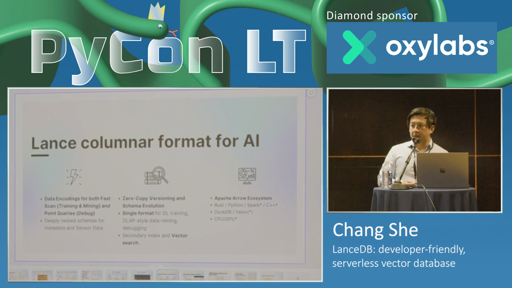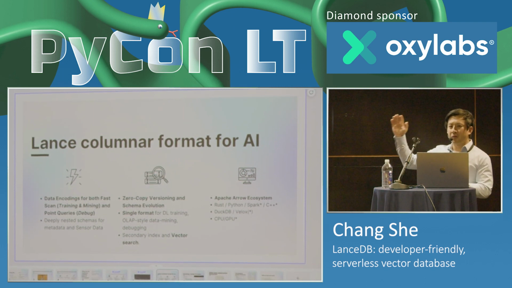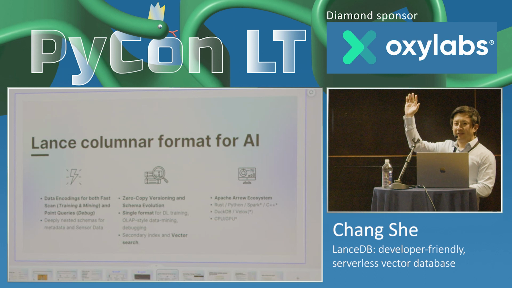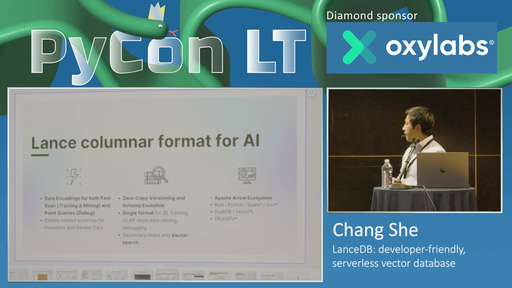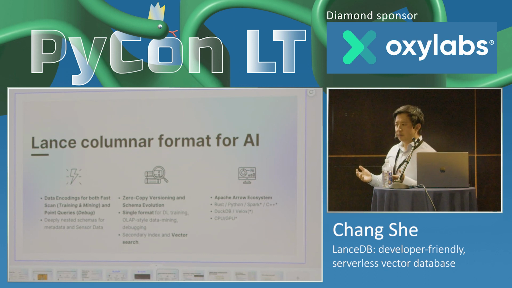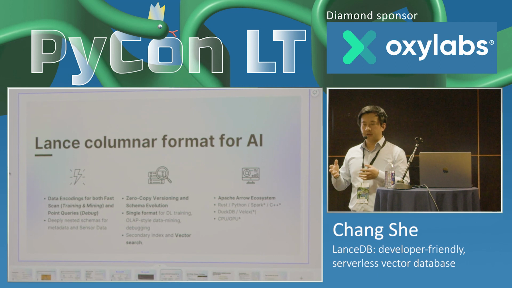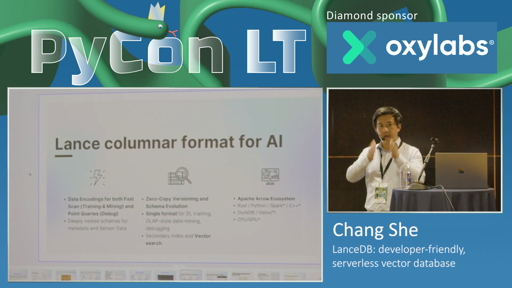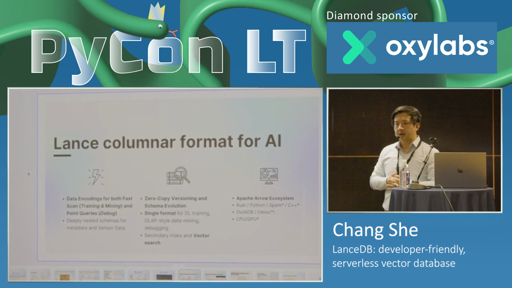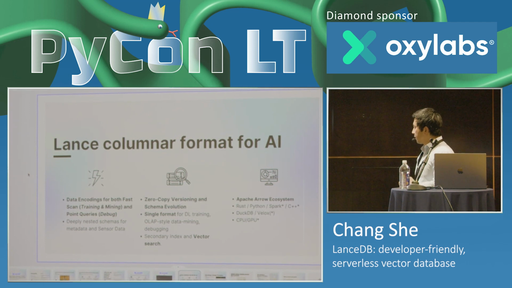So raise your hand if you don't know what Parquet is. Okay, all right. Parquet is a columnar format, like CSV or JSON, just ways of serializing your data, but it serializes the data in columns, so it's very efficient for these queries.